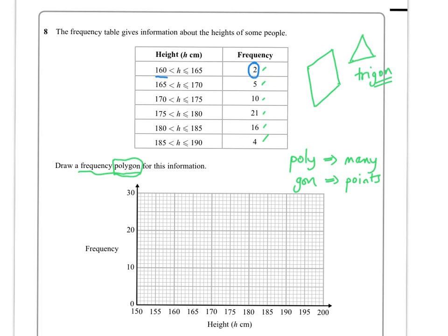So let's try that. So we'll have 162.5, and the frequency's got to be up by 2, so my first point will be there. My next one will be halfway between 165 and 170, so if you're not sure, you can always add them and halve them, which is always the mean of the 2 endpoints. So we get 167.5, and we'd go up by 5.